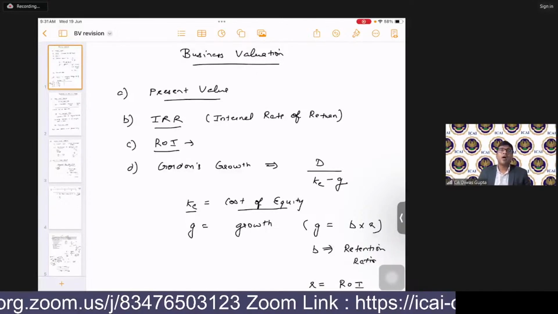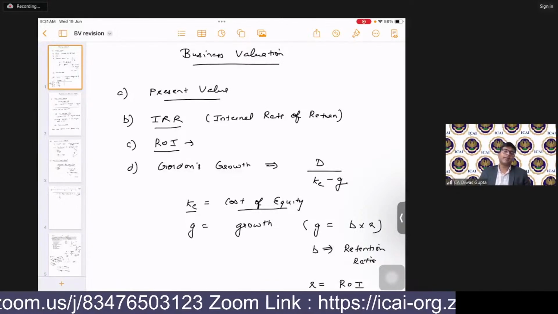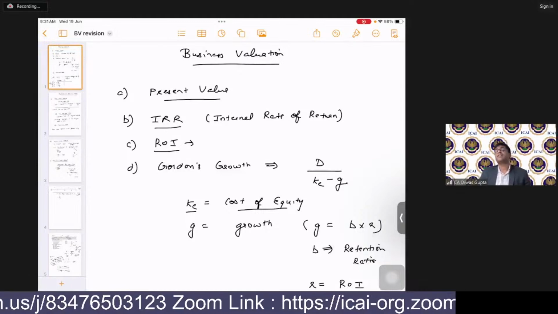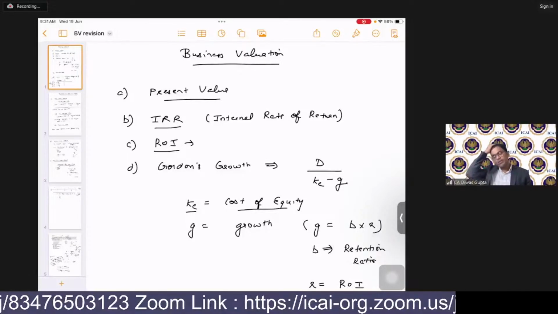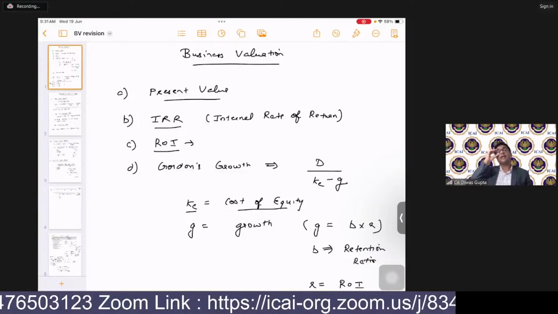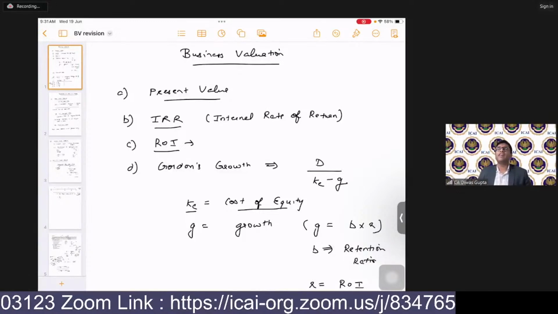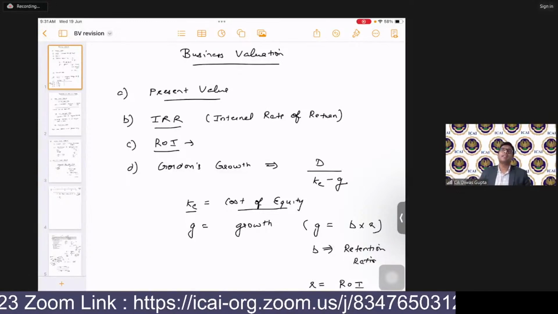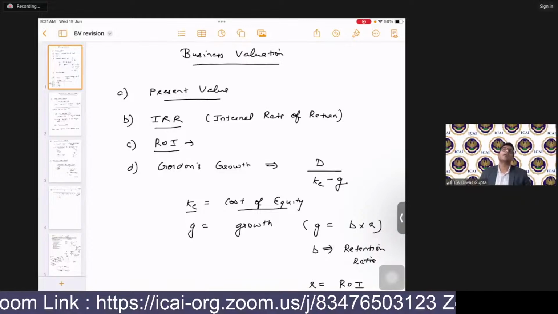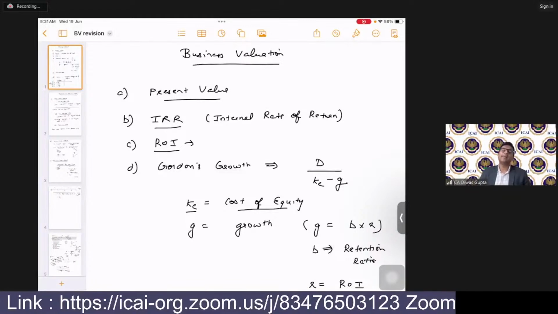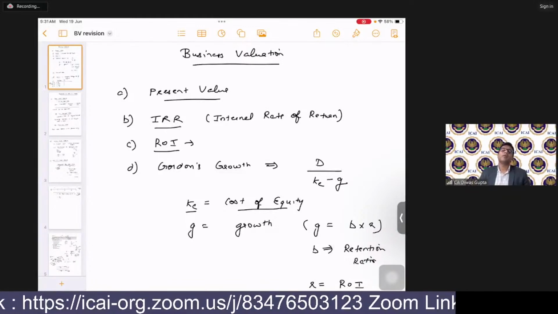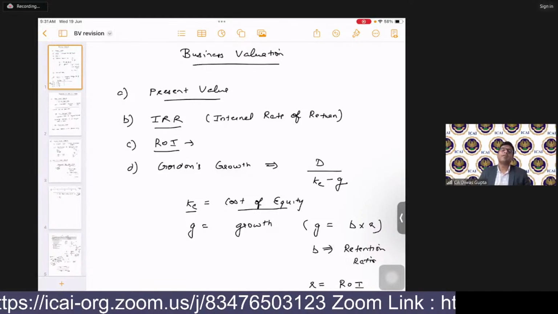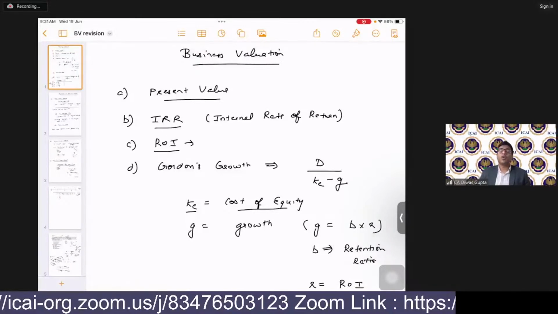A very important thing that we discussed in the derivatives part also was continuous compounding, students. While there are ways to arrive at the present value from the future value using monthly, daily or quarterly compounding, there is a concept called continuous compounding.